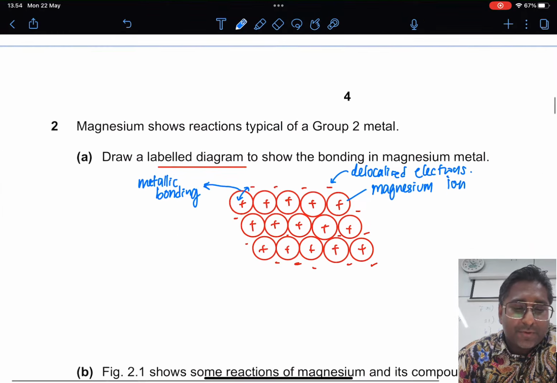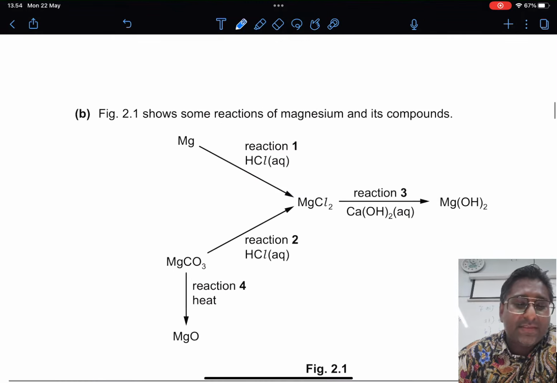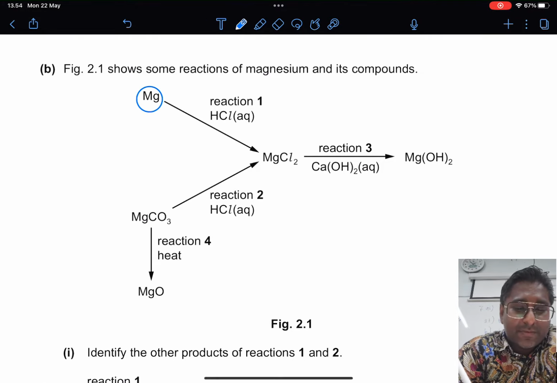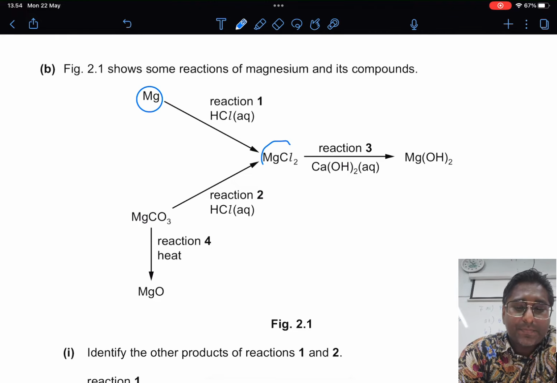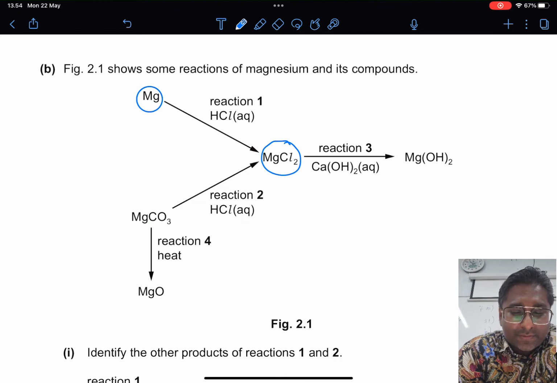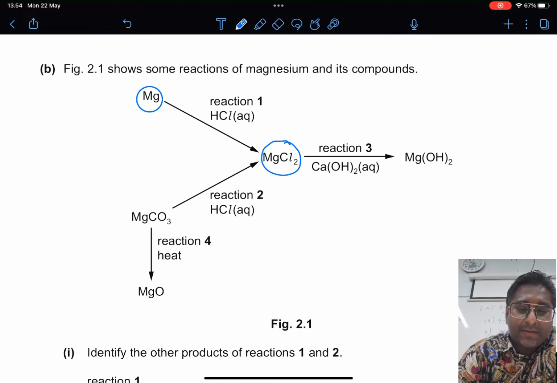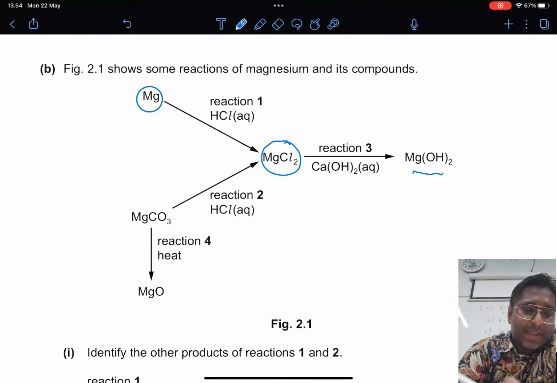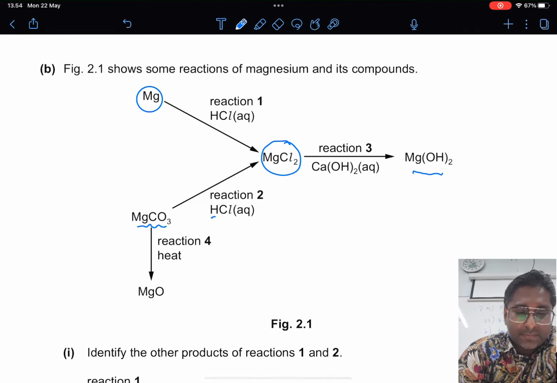So figure 2.1 shows some of the reactions of magnesium and its compounds. So magnesium, when you add HCl, they give you magnesium chloride. Then after that, when you react with calcium hydroxide, it gives you magnesium hydroxide. Now, we also have the reaction of magnesium carbonate reacting with HCl.